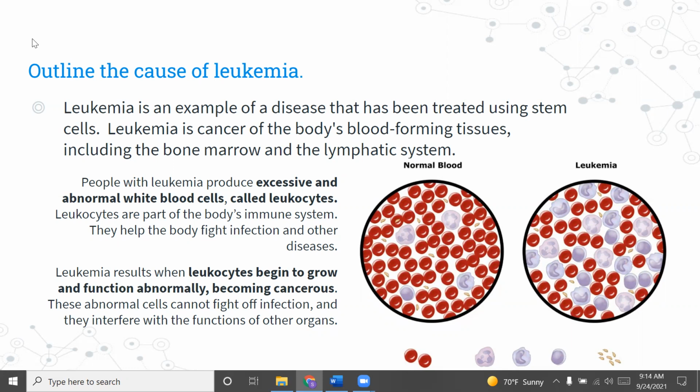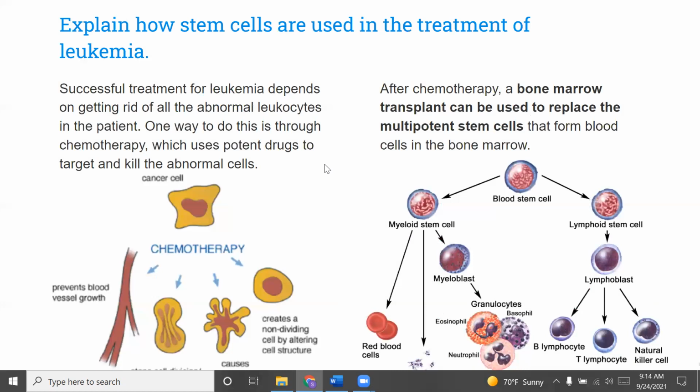People with leukemia produce excessive and abnormal white blood cells called leukocytes. Those white blood cells are usually there to fight infection, but those leukocytes can begin to grow and function abnormally, becoming cancerous.